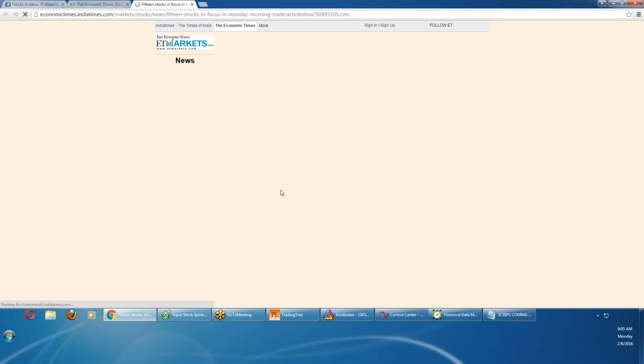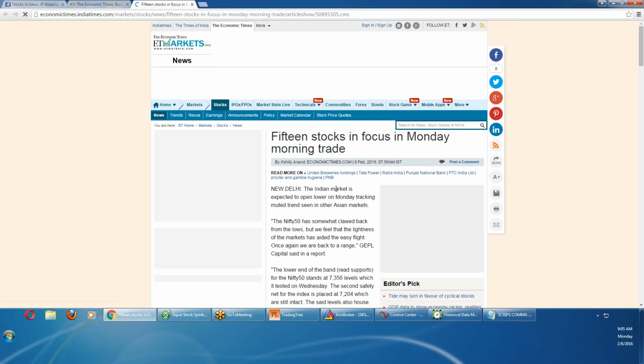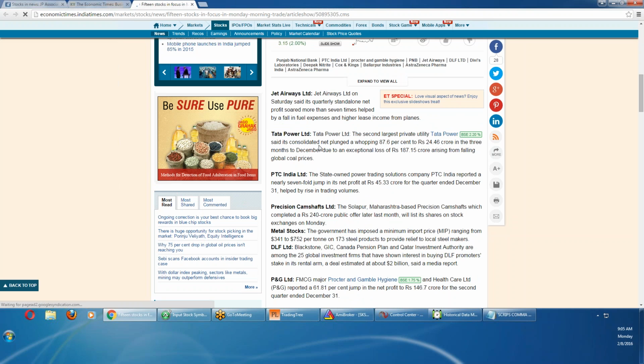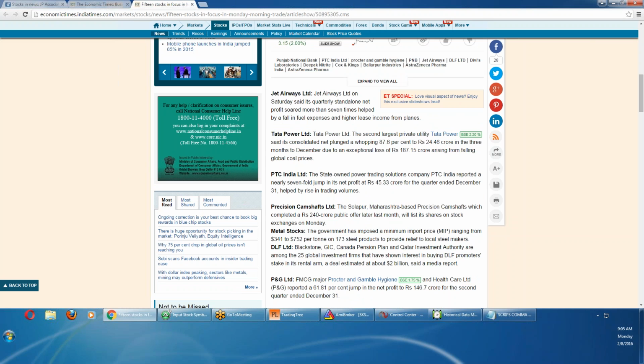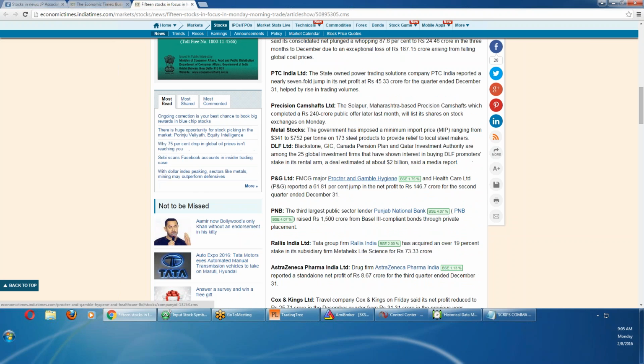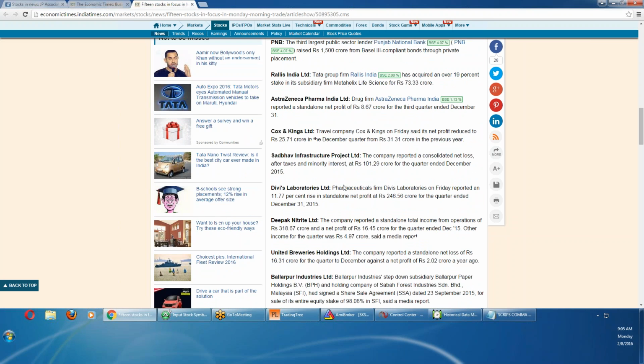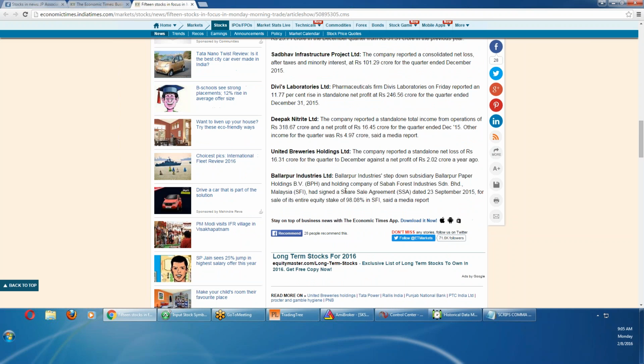You have this list here on Economic Times. You can see Jet Airways, Tata Power, PTC, Precision Crankshaft, Metal Stocks, DLF, PNB, rallies. These are the scripts that are in the news today on Economic Times.